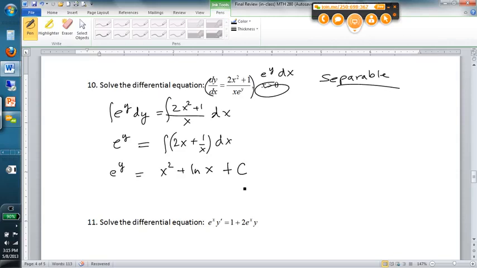Okay? All right? Now the idea when I solve a differential equation is I want to find the y equation that solves it, solution-wise. Actually, it'll be a family of solutions, but how do I solve an e to the y for y? How about we take the ln on both sides?